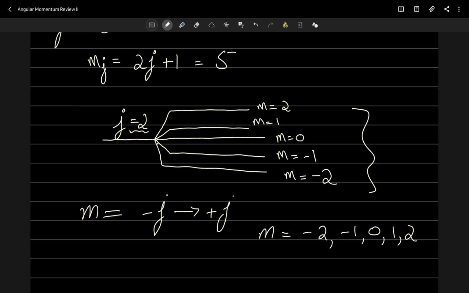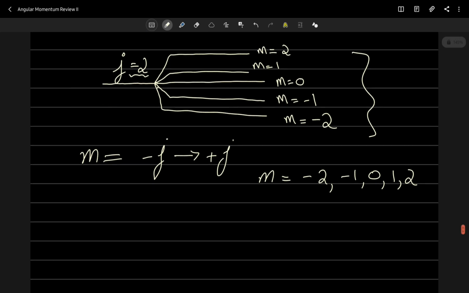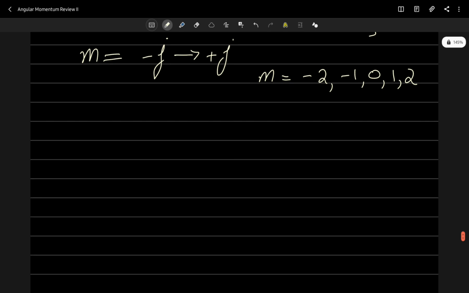Okay, now let's quickly recall the ladder operators. The definition of ladder operators L plus minus acting on the spherical harmonics Y_lm(theta, phi). We talked about the spherical harmonics as a review in the previous video on part 1 of angular momentum review.